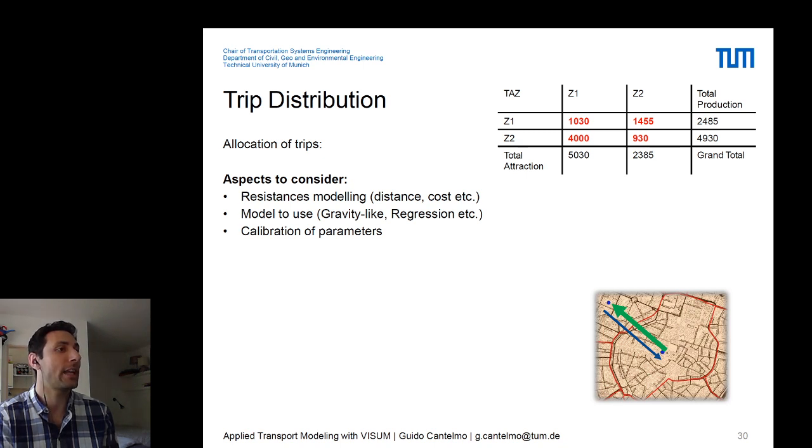If they are very far away, they are less likely to. And very far away is not just geographic, but in terms of transportation. Even two zones that are very far apart, if they are connected with a motorway or the U-Bahn, can exchange a lot of demand in this model. But if the connection between the two zones is not very good, then the model will probably not provide very good results.